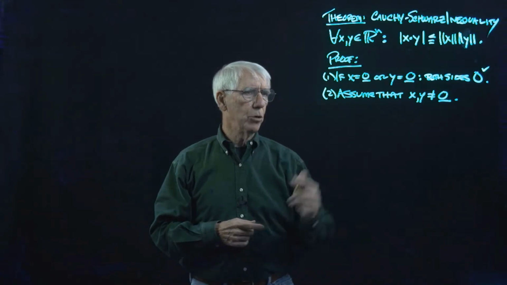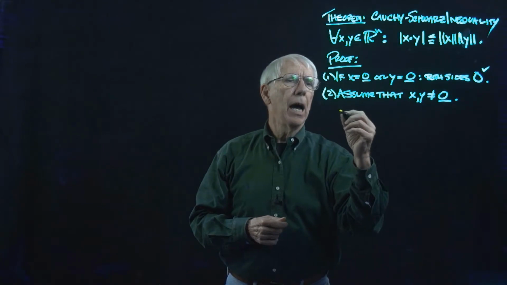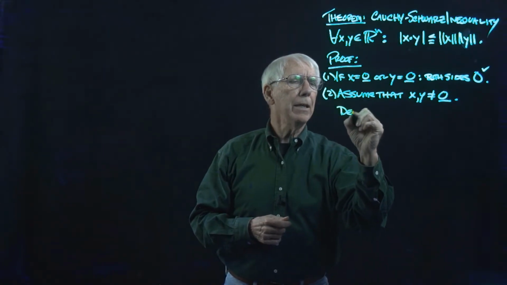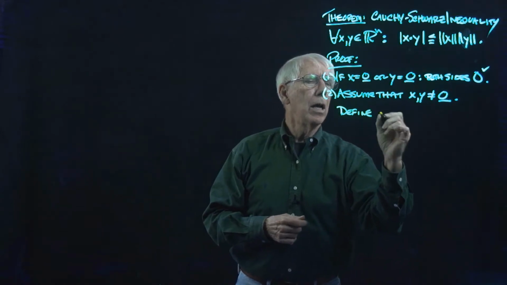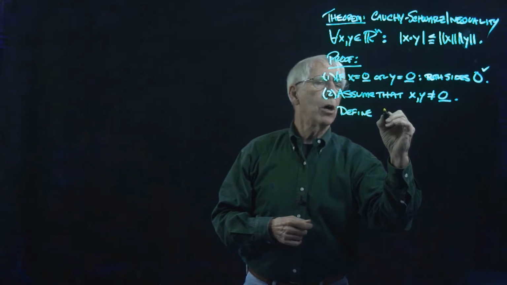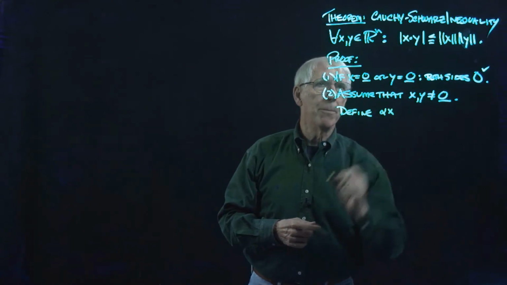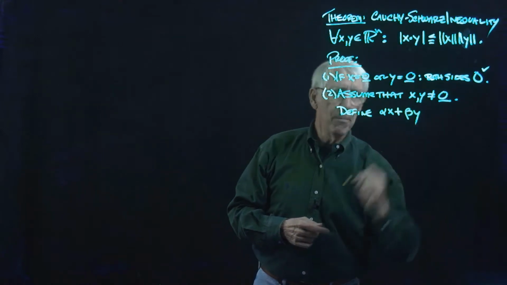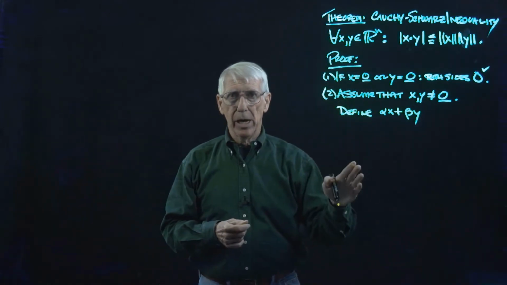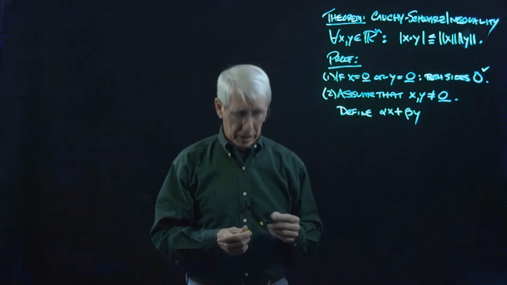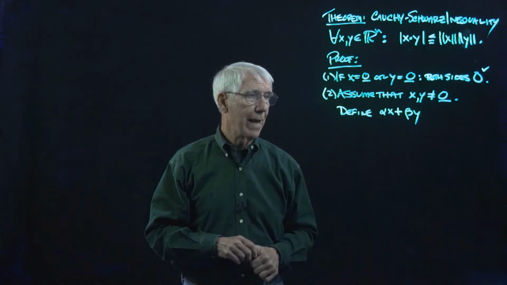So how do we do that? Let's define a new vector from x and y, and we're going to call this new vector alpha x, so it's a multiple of x, plus a multiple of y. Later on, actually not that much later on, we're going to see that these are called linear combinations of x and y.